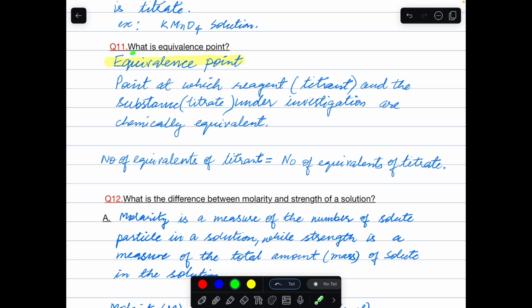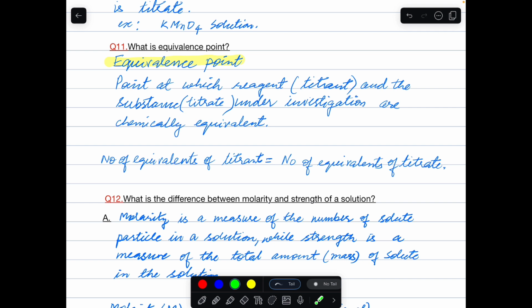What is the equivalence point, or is it the same as the endpoint? Equivalence point is the point at which the reagent, that is the titrant or known solution, and the substance that is titrate, for which we are finding the concentration, are chemically equivalent. Both are equivalent to each other, or it is the point at which the reaction has stopped.